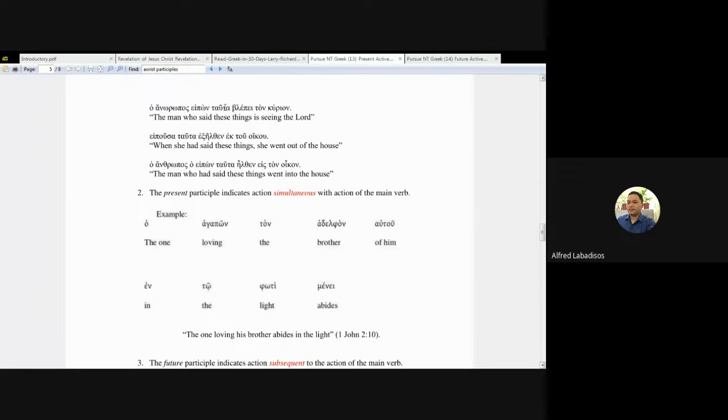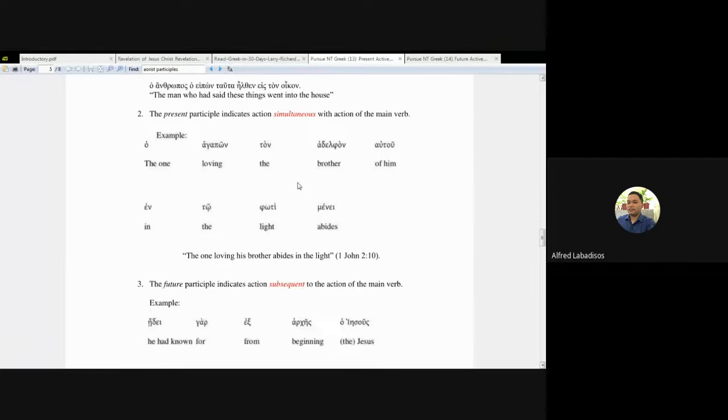Because this one is neuter. Actually tauta is only this, but of course it is implied that this is neuter, that's why you have things here. Yeah, it's okay. The man who said this is seeing the Lord. It's okay. It does not violate the English grammar rules.